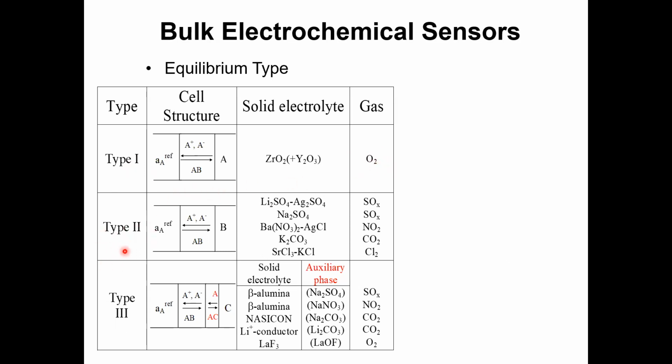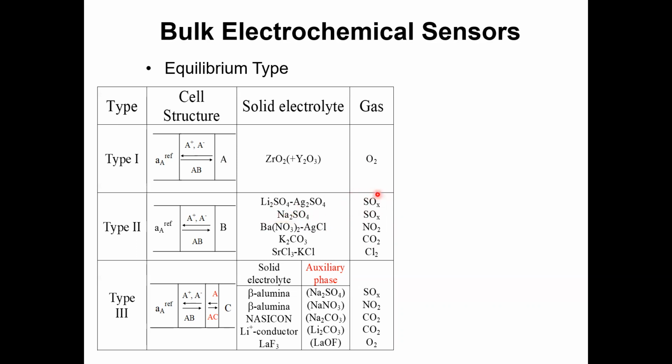And there is the so-called type 2, where you have an AB compound as your electrolyte and you're trying to detect B, which couples not with the transporting species but with the conjugate. For example, you can use sodium sulfate for SOx type detection, sulfur dioxide or sulfur trioxide, with an electrolyte where the sodium ion is the transporting species.